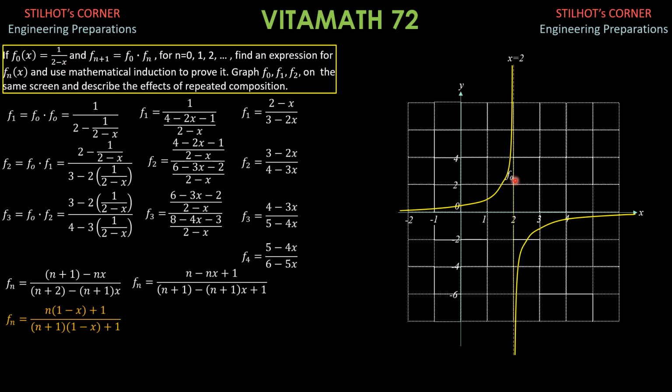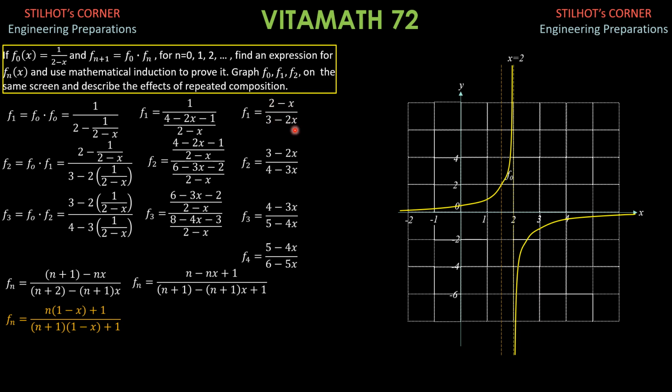So this is F of 0, n is 0. Then F1, this one, the asymptote is x equals 3 halves or 1.5, so here we have a vertical asymptote, and the horizontal asymptote would be, when x is negative infinity or positive infinity, it is 2/3.